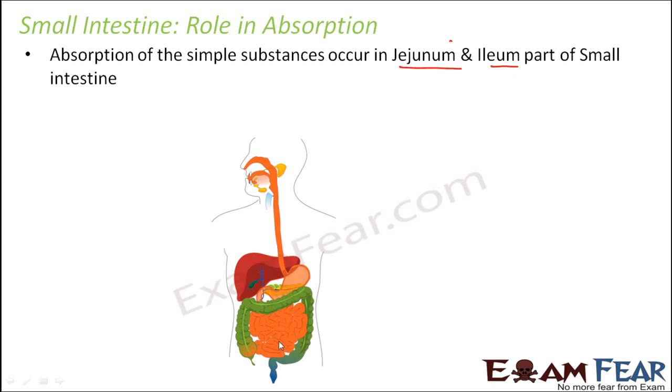Now, structure-wise, why are the jejunum and ileum better for absorption? That is because both of them are highly coiled structures, and coiled structures are better for absorption. Why? Let me give you an example.